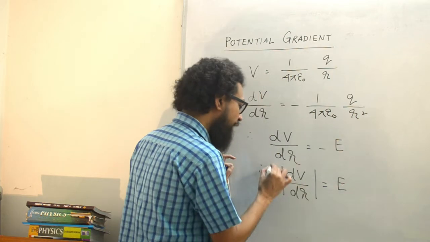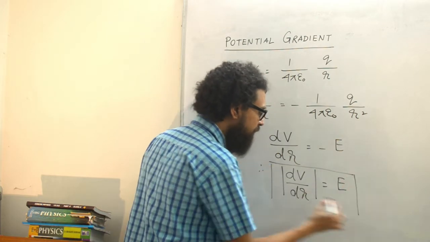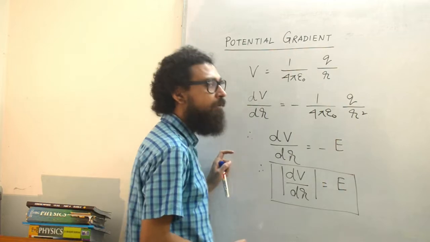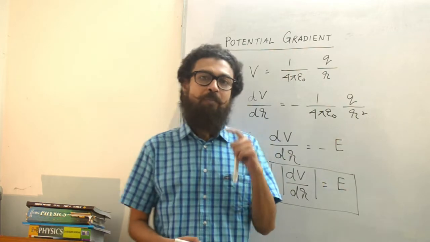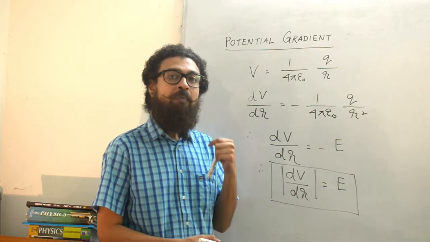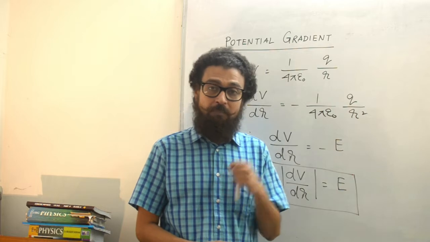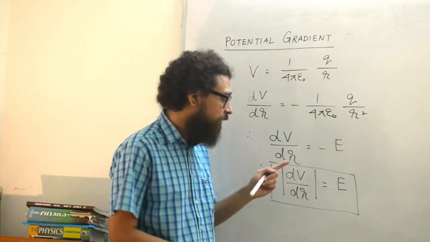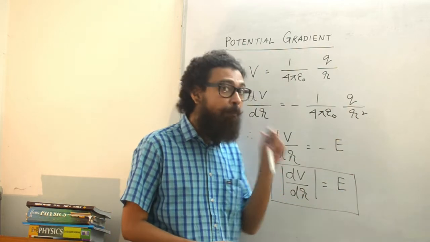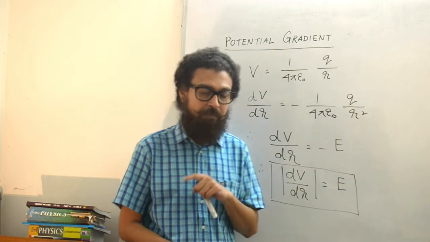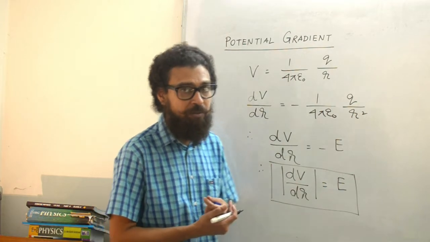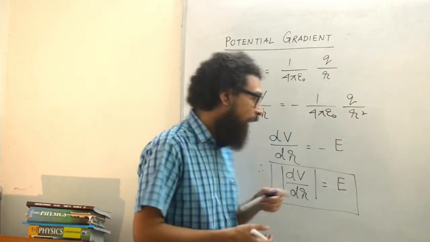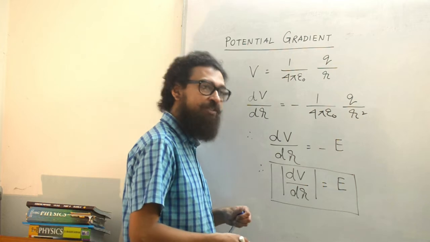That means potential gradient necessarily means the magnitude of electric field. Since potential is a scalar quantity, when you take the gradient, I'll get the magnitude only, I won't get the direction. But we have certain other tools by which we can also get the direction.